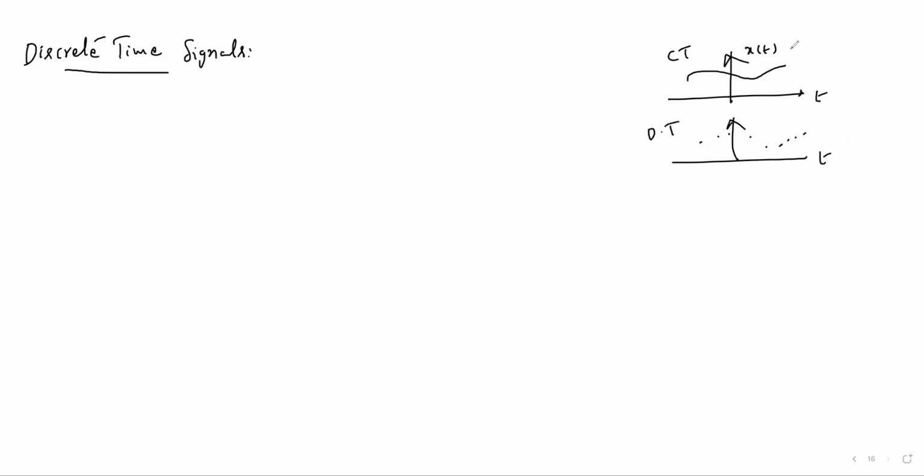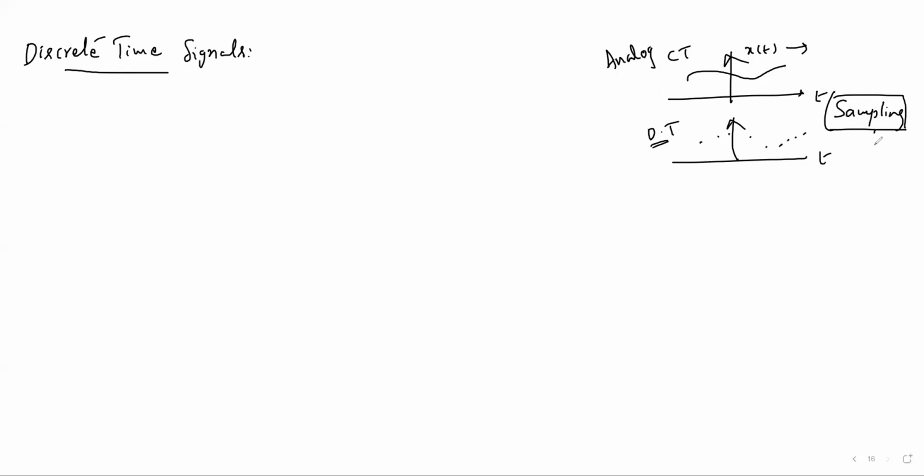So the amplitude of the signal is defined for all time t in continuous time signals, whereas it is defined only at discrete instances of time for discrete time signals. Continuous time signals are also called analog signals. A discrete time signal, after performing some process, becomes a digital signal, of course. Anyway, here discrete time signals are obtained by sampling analog signals. The only way to get a discrete time signal is by performing sampling on continuous time signals.